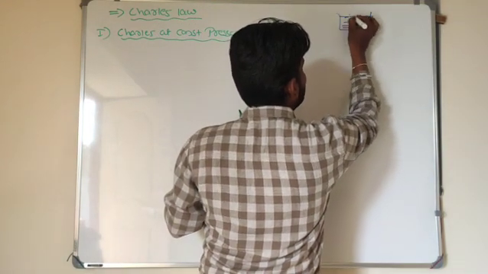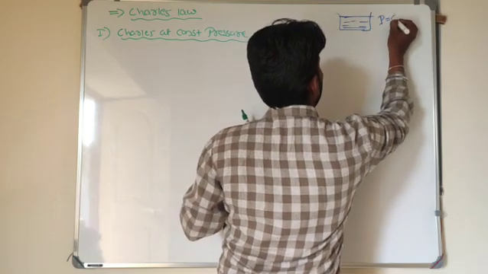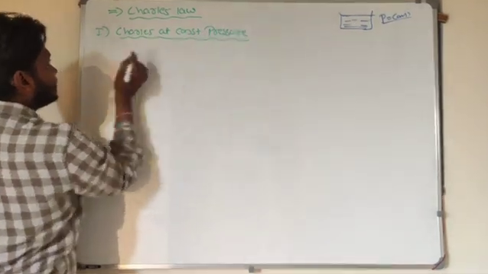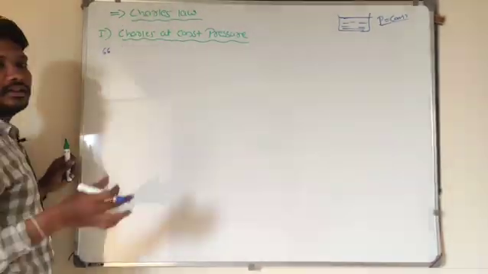I will take some amount of gas in this container. Pressure of the gas is constant here. At constant pressure, that word itself indicates it. How to define Charles law here?